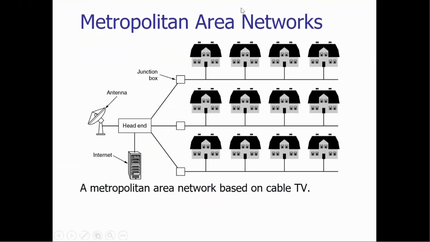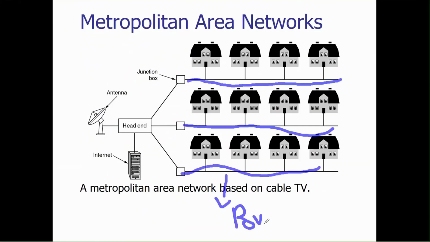You can see, for example, this is a queue. You can see 1, 2, these are all buses. So think about these as buses, similar to a LAN. So I have bus, bus, bus, bus. They're all connected to one connection, let's call it the head end, maybe internet and antenna, and this is feeding them like this.